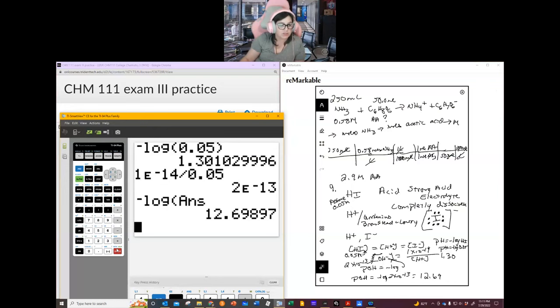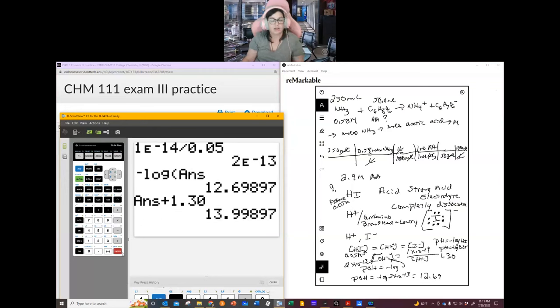And if I take 12.69 and I add 1.30, notice that I get almost 14. And that's because I rounded my 1.3 rather than looking at all of the numbers that I had when I took the negative log.